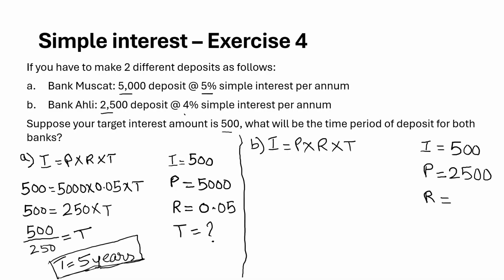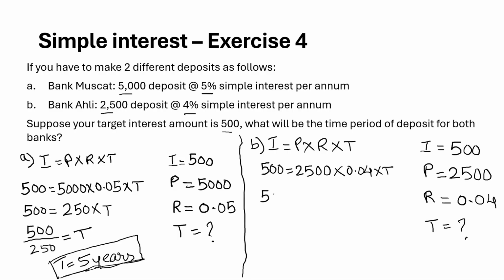Again the rate of interest is different for the second bank, Bank Ahli. It is 4%, so we will write 0.04, means 4 divided by 100, and T is not given, we need to find it out. Now we will substitute it in the formula. 500 is equal to 2,500. Once you write all the amounts, you will not make mistakes. All the things are very clear, you just need to enter it as per the formula.